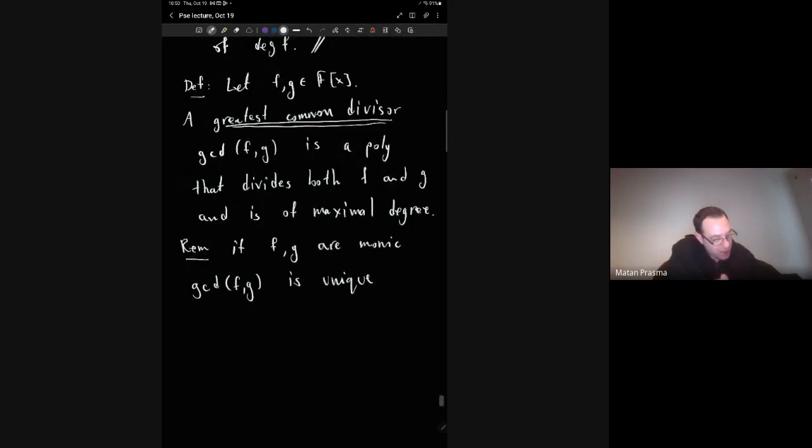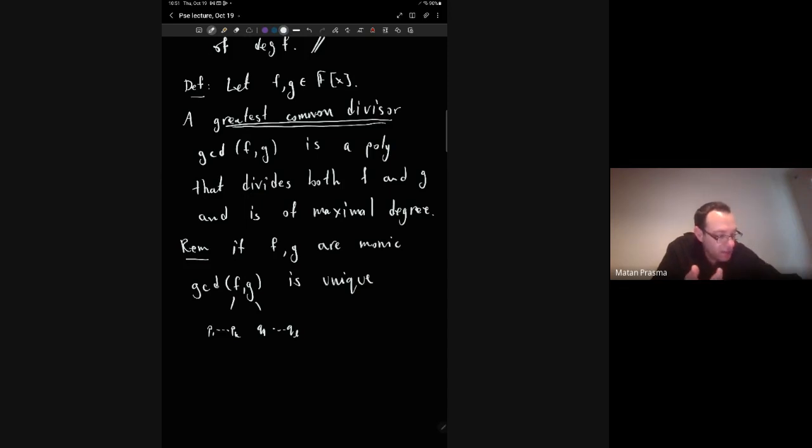It's like thinking of f and g as two integers. You write them as products of primes, p1 up to pk and q1 up to ql, and the GCD is just the common primes that appear in the factorization. So you do the same thing for f and g. And since for monic polynomials the factorization is unique, the GCD is unique.